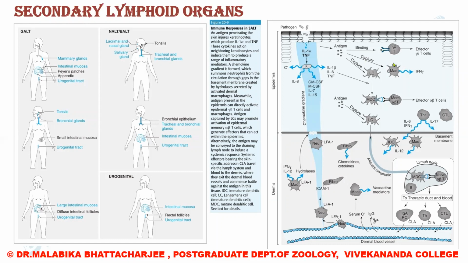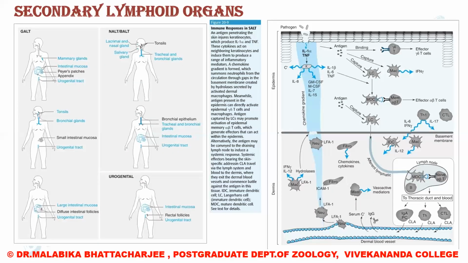As I had said in my earlier recording, they can directly bind with the antigen. You can see here the macrophages are activated after capturing the antigen, and the Langerhans cells are activated after capturing the antigen. The Langerhans cells at times get further modulated by the antigen capture to become mature dendritic cells, and now they present antigens to the alpha beta T cells if there is any memory population present in that position.